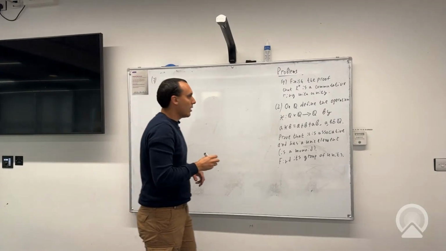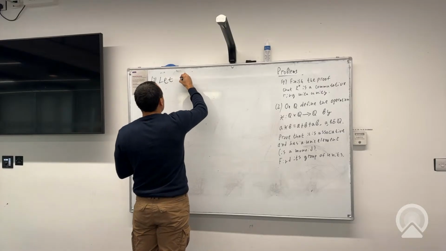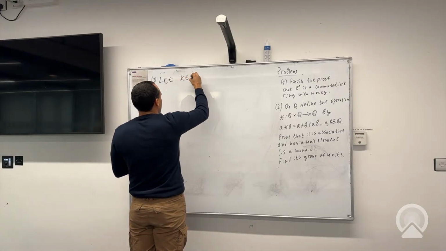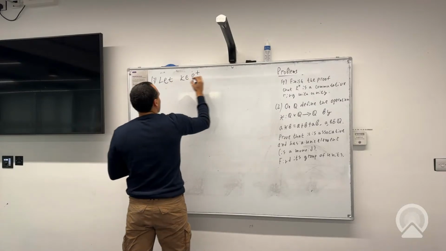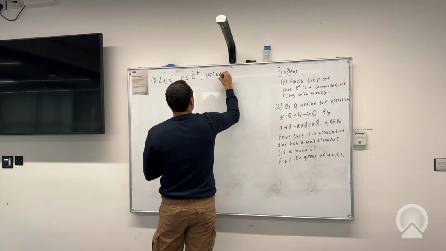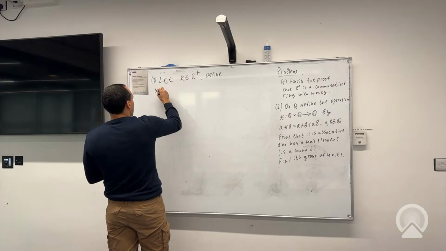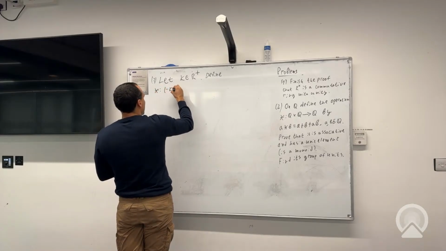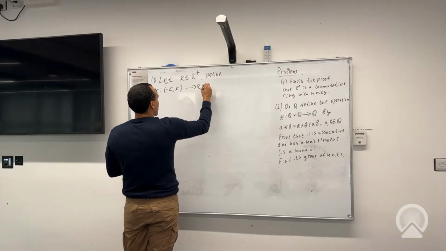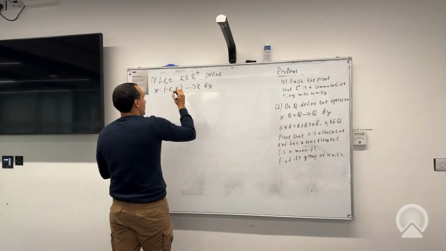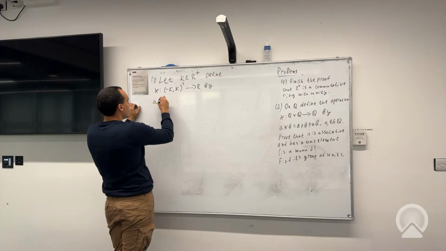Some more involved example. Let k be a positive real number. Define star on the interval minus k to k by, sorry, so we take two elements in this interval, a star b.